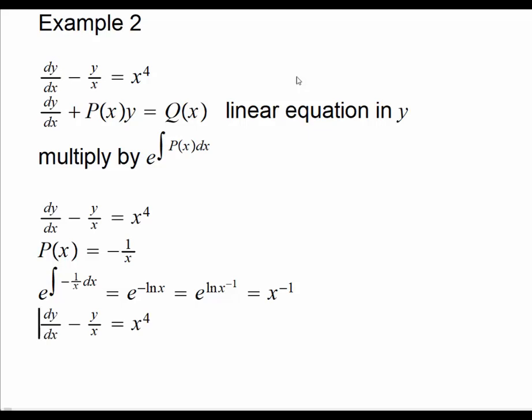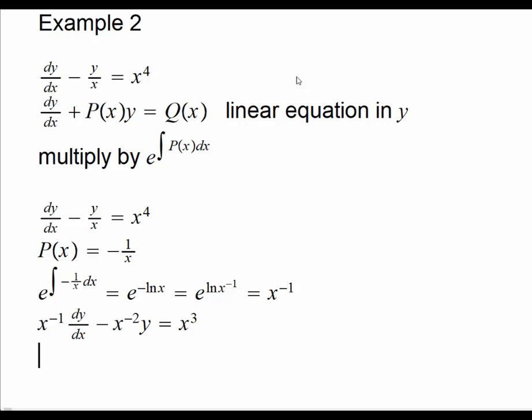Here I have x to the negative 1, and let's write it in the same style. I am pushing this x in the denominator upstairs, so that becomes x to the negative 2, and this multiplied with x to the negative 1 would give us x cubed.